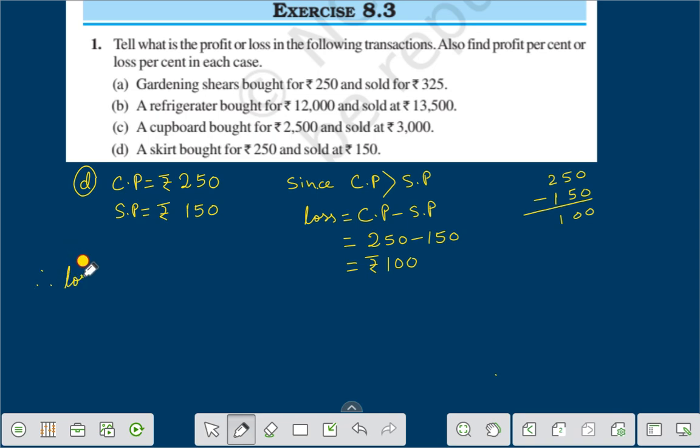Now we'll find loss percent is equal to loss divided by cost price into 100%. What is the loss? Loss is rupees 100. And what is the cost price? Cost price is 250 into 100%.